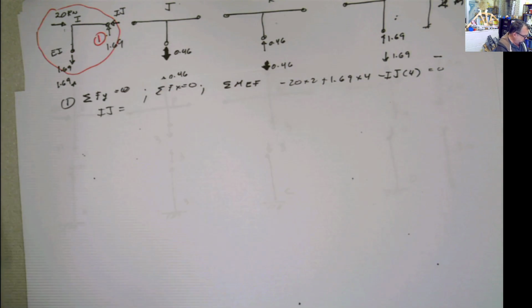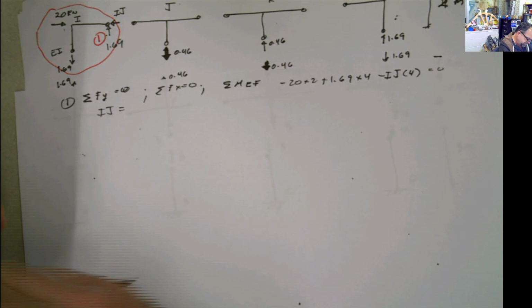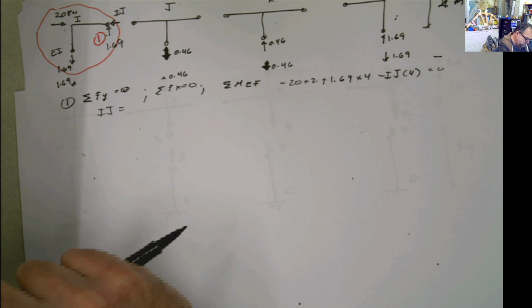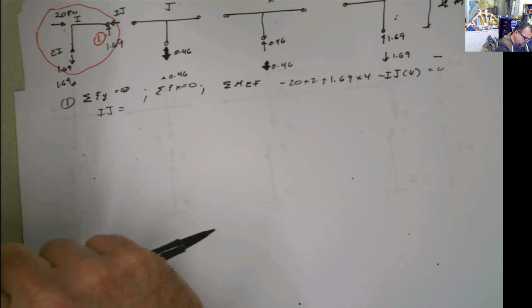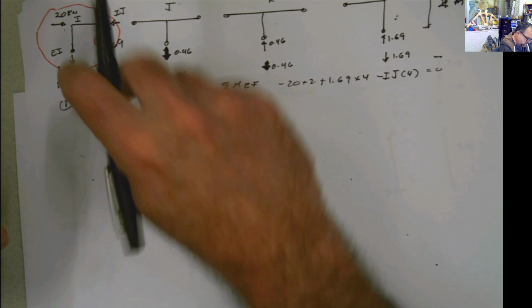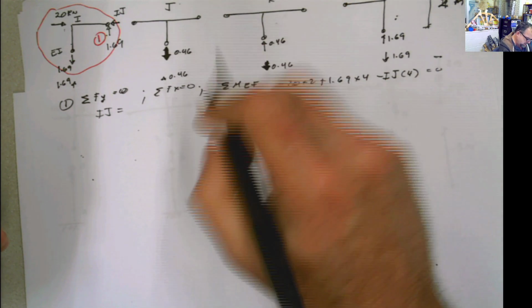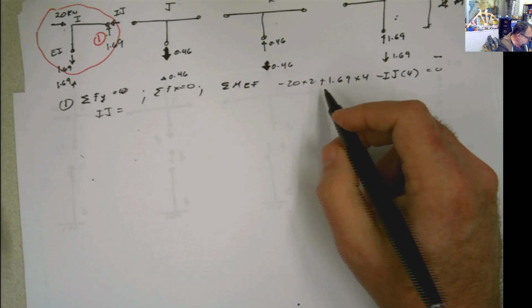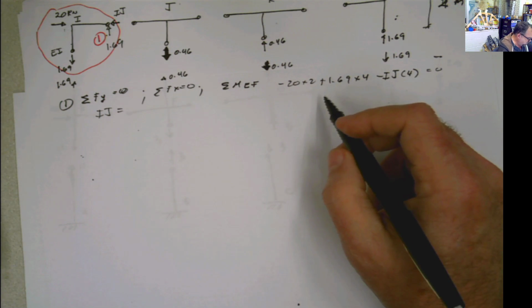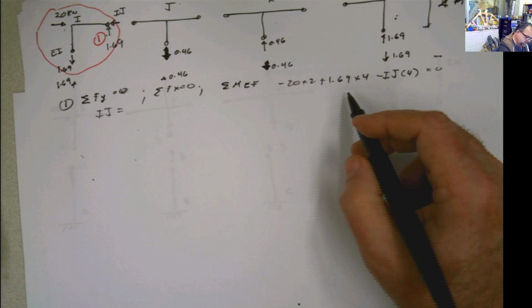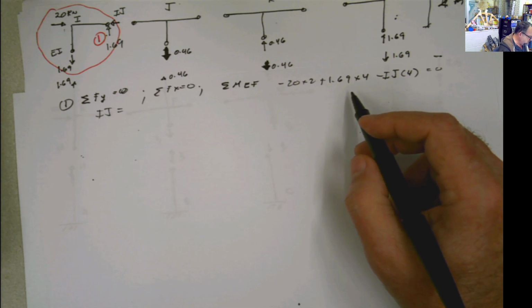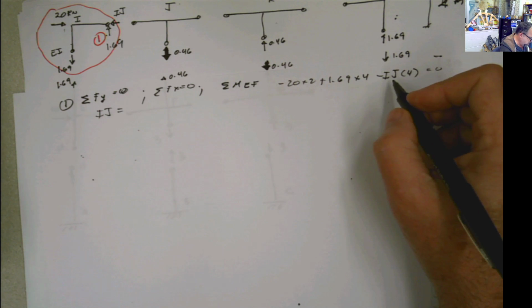IJ is going to be 1.69 times 4 divided by, you see, summation of moments here, so you have negative 20 times 2, that's correct, negative 20 times 2, and then I have 1.69, IJ times 2.